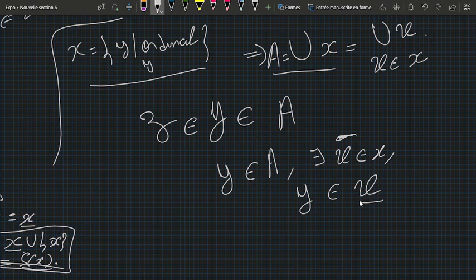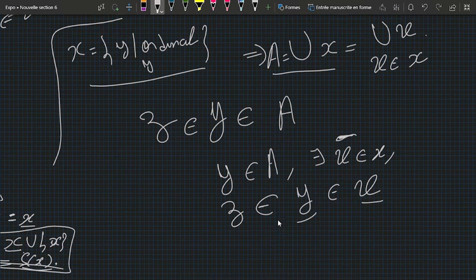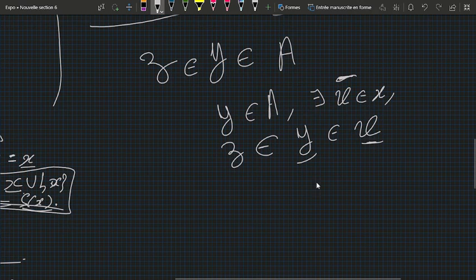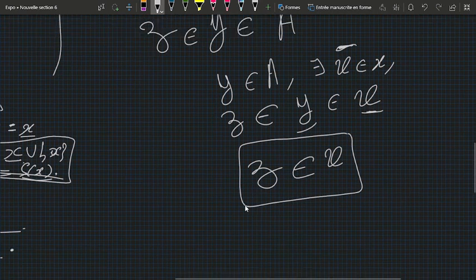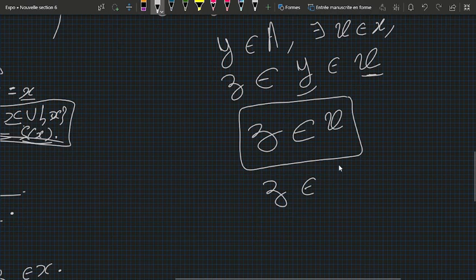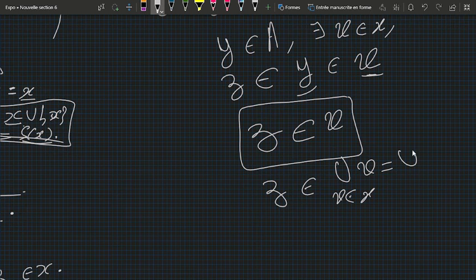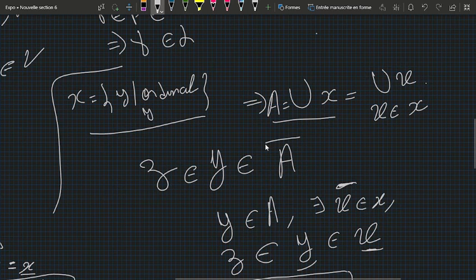Z belongs to Y and Y belongs to an ordinal set, so V is transitive, so Z must belong to V. Then Z belongs to the union of V in X, which is the union over X. So we proved that the union is transitive.